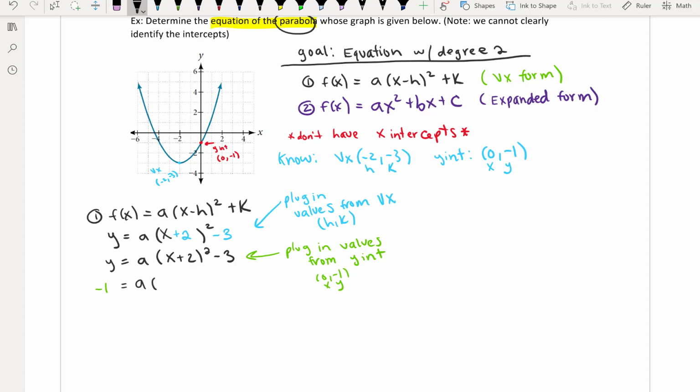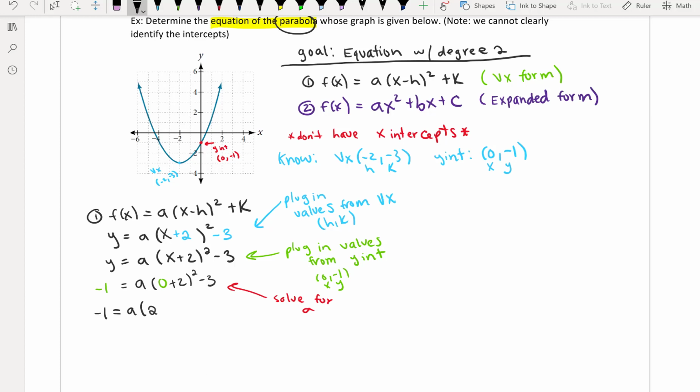And that x value that I'm plugging in there is going to be 0. So from here, I'm going to get the a by itself. So solve for a.